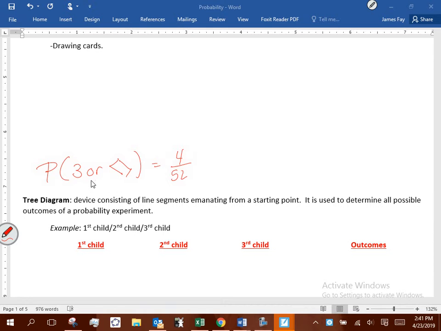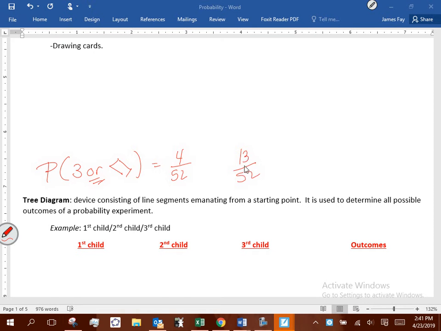When I say or, okay, the word or for us in probability refers to addition. Okay? It means that you have additional objects that should be existing inside your favorable outcomes. Does that make sense? Okay, so the fact that it was a 3 said that you have 4 favorable outcomes. The fact that it's a diamond, how many favorable outcomes align with a diamond? 13.